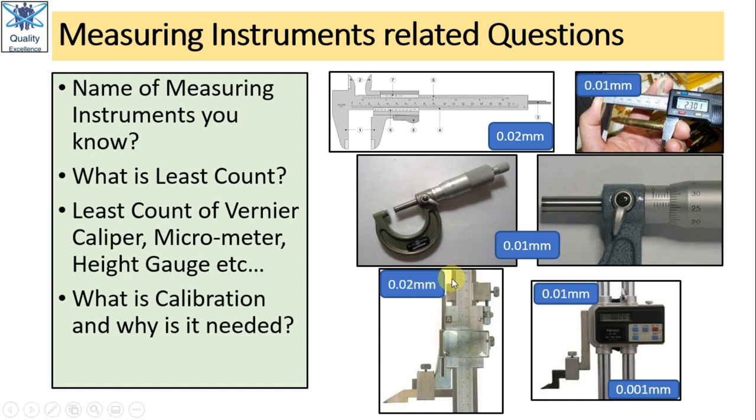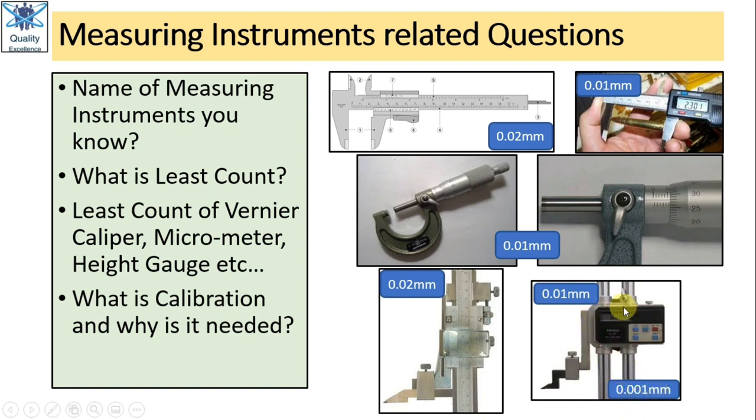This is conventional height gauge, and it is same as vernier scale. So the least count is 0.02 mm, and this is digital height gauge. Here you can see it is 0.01 mm, similar to digital vernier caliper, and there are some digital height gauges having 0.001 mm.